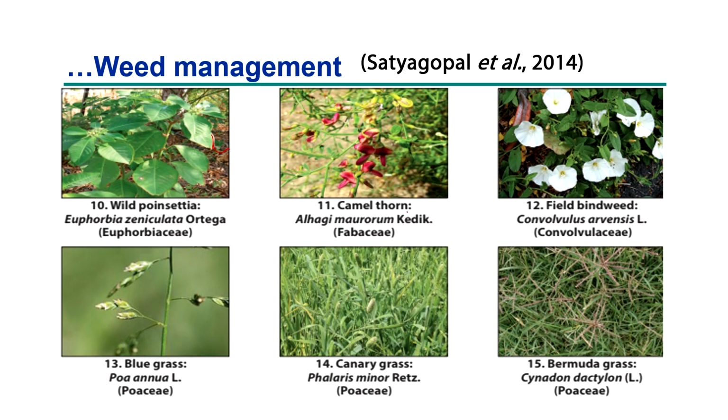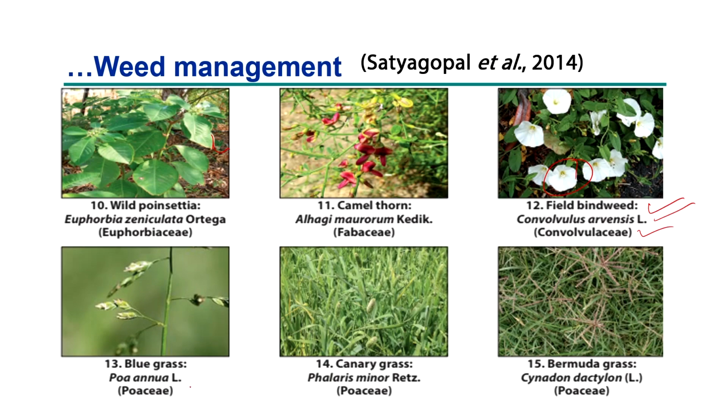Second, camel thorn, Alhagi maurorum. And then you see field bindweed. This is called Hirankhuri also. Convolvulus arvensis L, belonging to family Convolvulaceae. So this has typical white color flowers, or sometimes it also has pink color flowers.